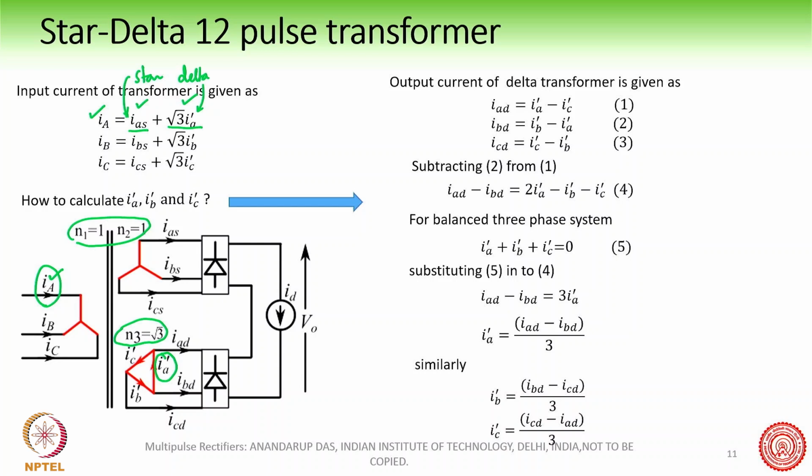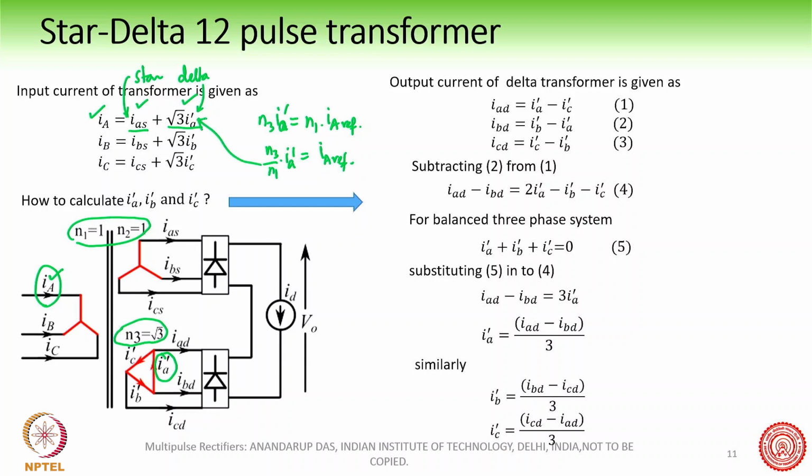So N3 IA dash will be equal to N1 IA, and therefore when you reflect this current, N3 by N1 into IA dash will get reflected, which is √3. This is what I have written here.